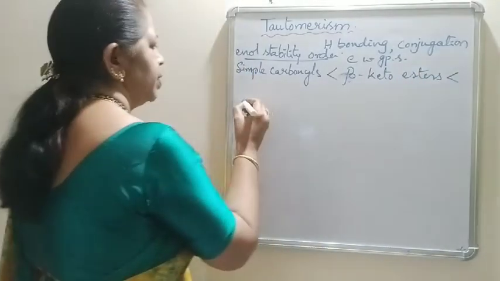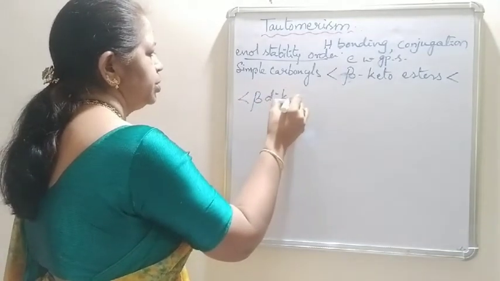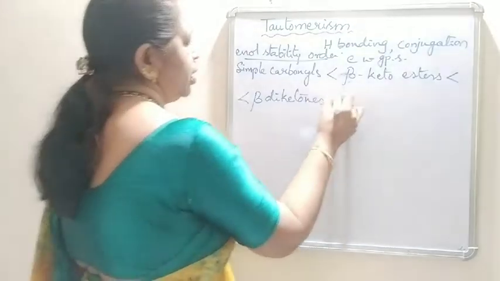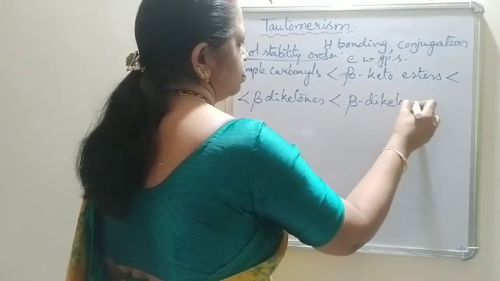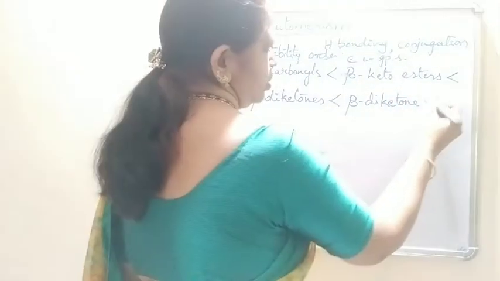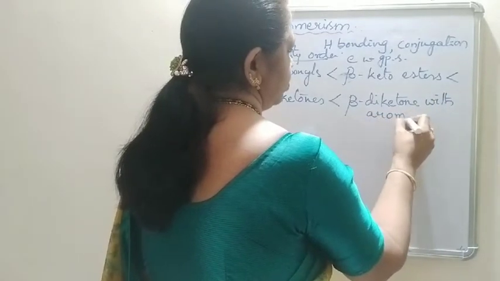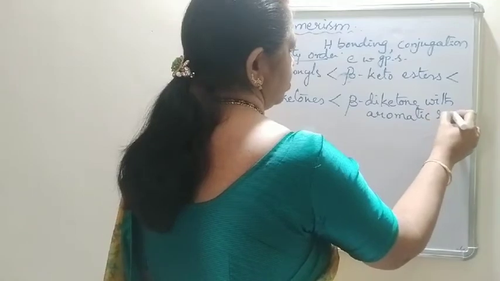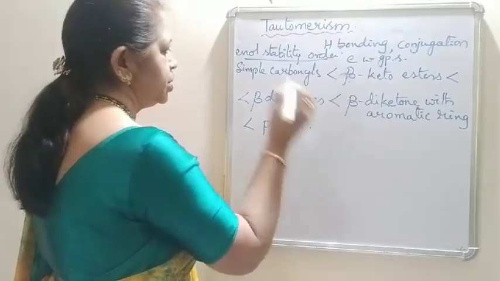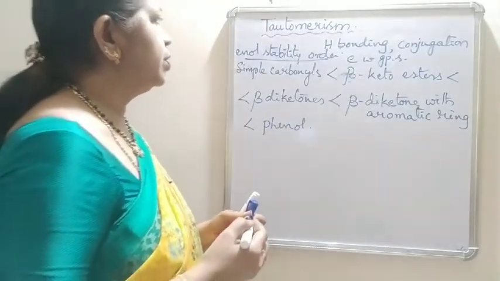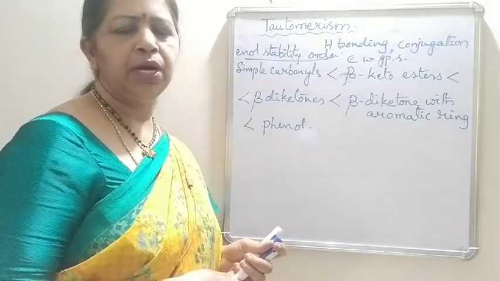Next come beta diketones. And next comes beta diketone with aromatic ring. And lastly phenol. This is the stability order of enol forms of different compounds containing C double bond O group.